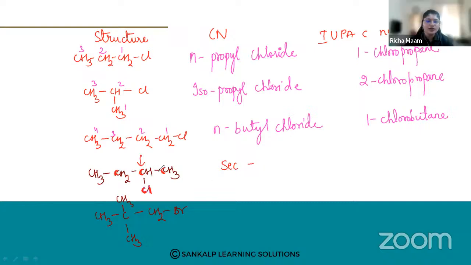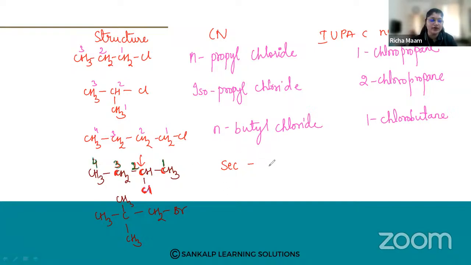Now, numbering 1, 2, 3, and 4. Whenever you are writing the numbering, you have to see where it is substituted. Now your halogen is substituted, right? So the substituted halogen atom should get the least number.